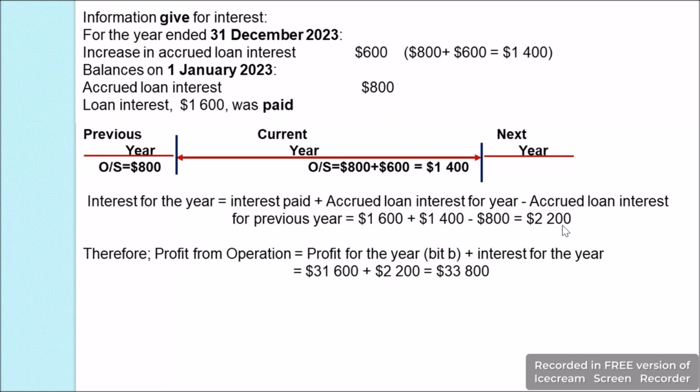Now as we want to find the operating profit, which is the profit before interest and tax, we are going to add this back to the profit for the year, which we got in bit B of the question, so that we get the profit before interest and tax, which will be the profit from operation. So it will be equal to 31,600 plus 2,200, which will be $33,800.